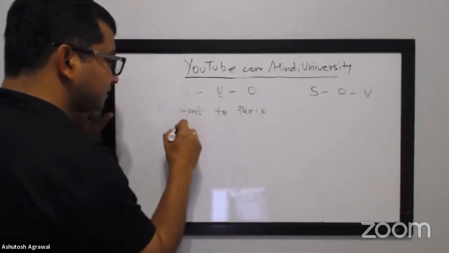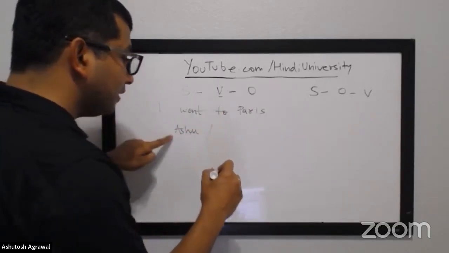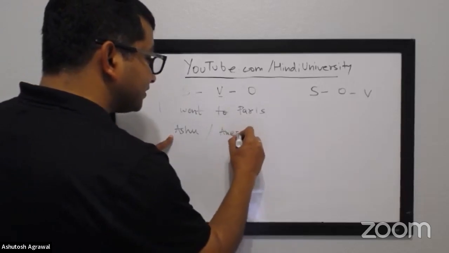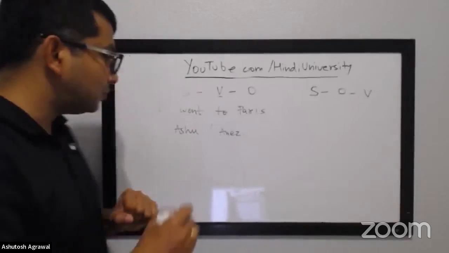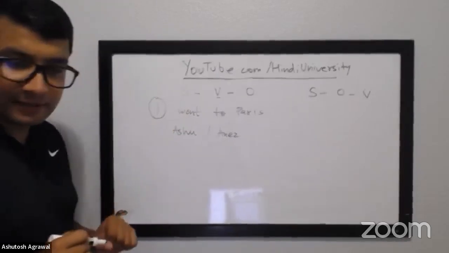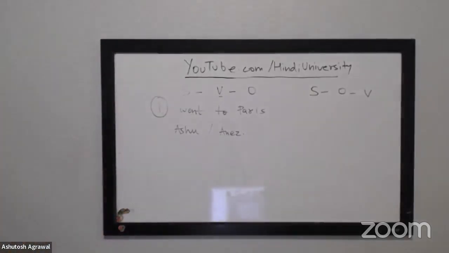Whether I am saying it, or Aneska ji is saying it, we're both going to say I went to Paris. Regardless of the subject, you are saying the same thing.